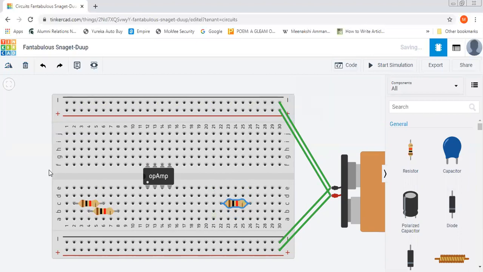According to the circuit, these resistances have to be connected in such a fashion that one resistance is connected between the 9 volts positive end and the inverting terminal.